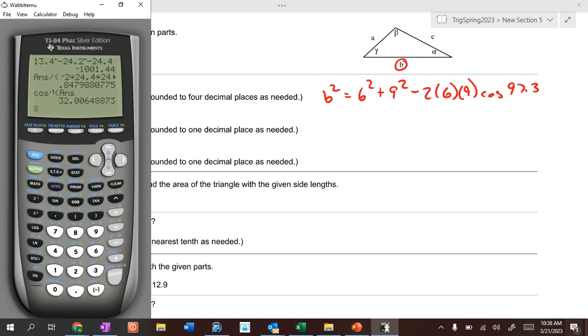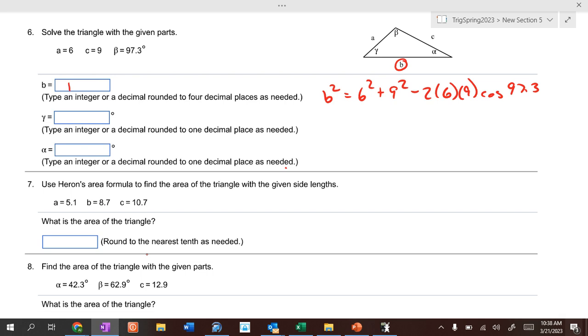So figure out what b is by going 6 squared plus 9 squared minus 2 times 6 times 9 cosine of 97.3. Put that all in. That's what b squared equals, and then take the square root of the answer. And you get 11.4.